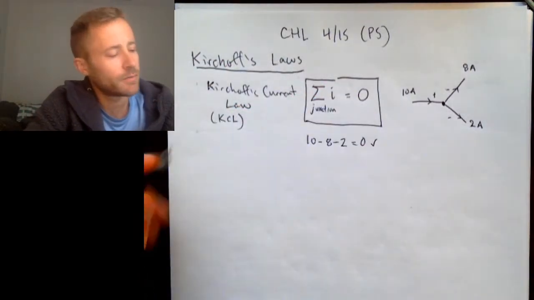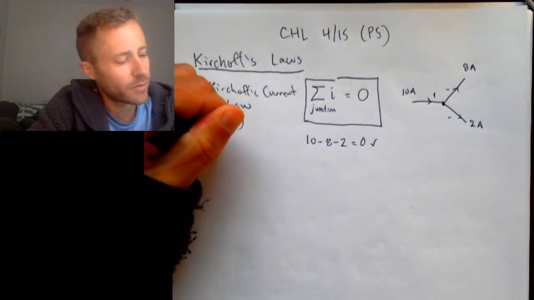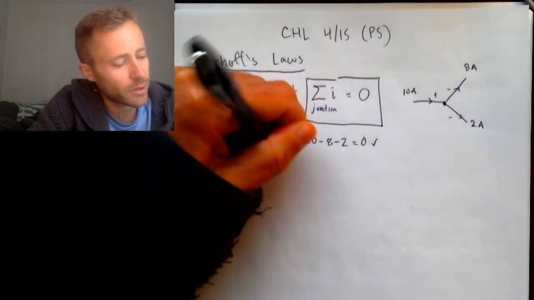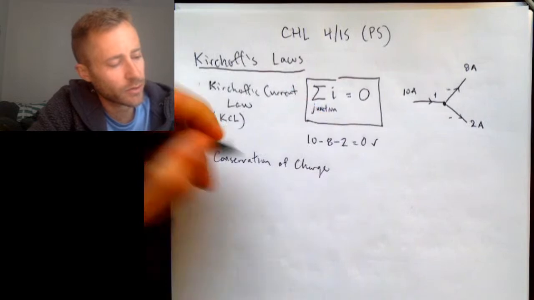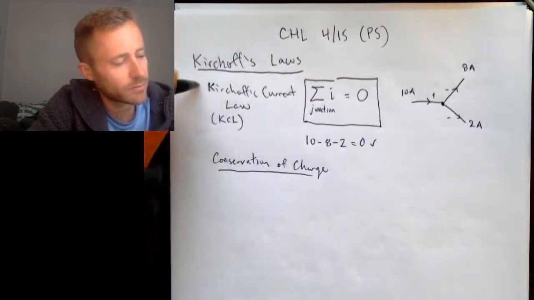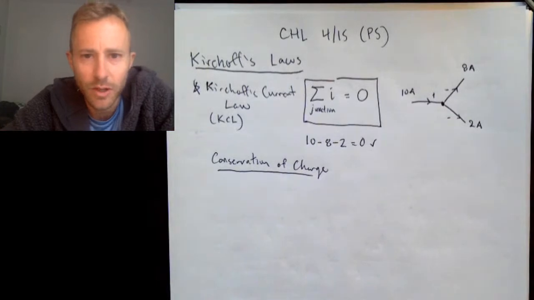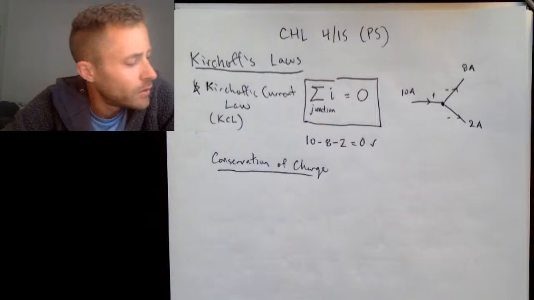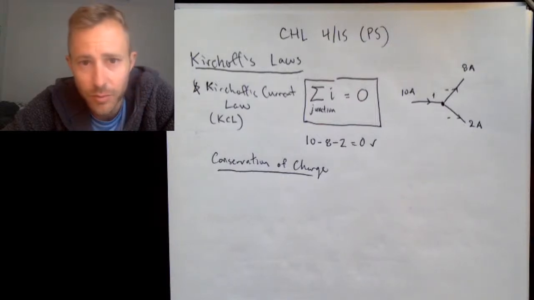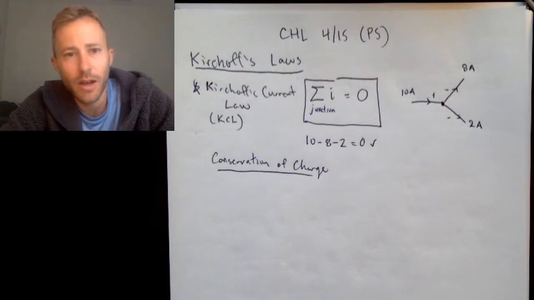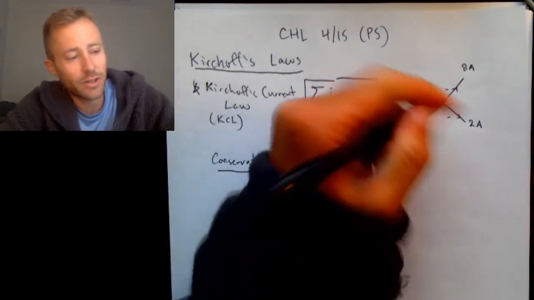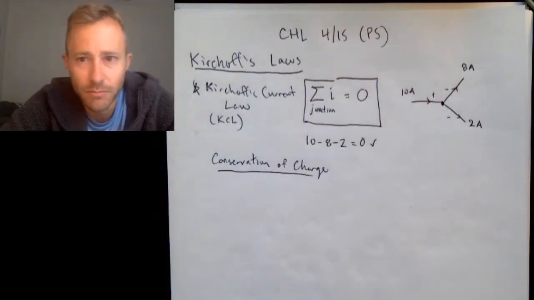Kirchhoff's current law is a reflection of conservation of charge. Sometimes you see exam questions that say, why is Kirchhoff's current law true? And it's because of conservation of charge. If you have more current going into a junction than is going out, then that means charge is building up at the junction.